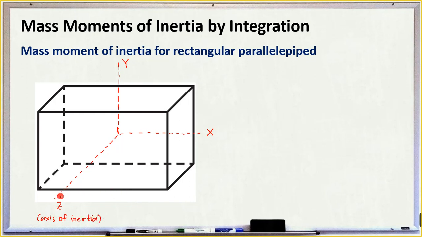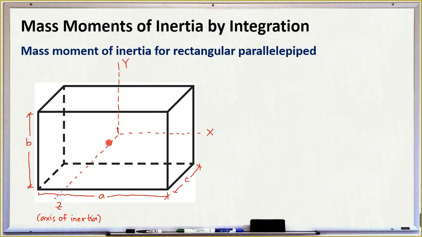Okay, so assuming that this one measures A units, this is side A, and then this is side C, and the height is side B. Okay, so the same derivation as what we did previously.